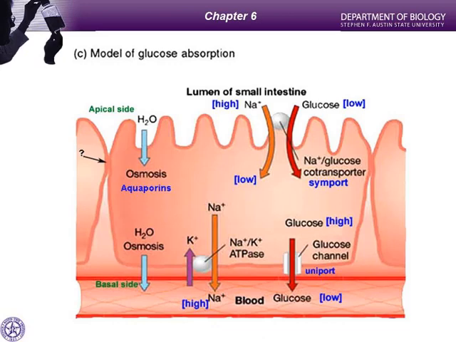So here's the rest of the picture. Here you can see what's happening at the apical surface, but the reason sodium can diffuse in is because of the active transport that's occurring at the basal surface to transport the sodium out of the cell and into the bloodstream.